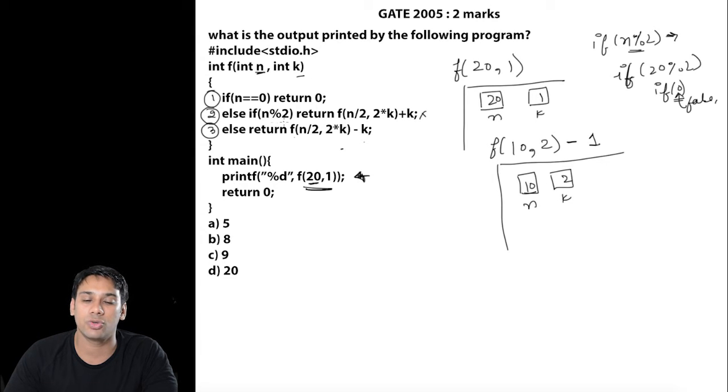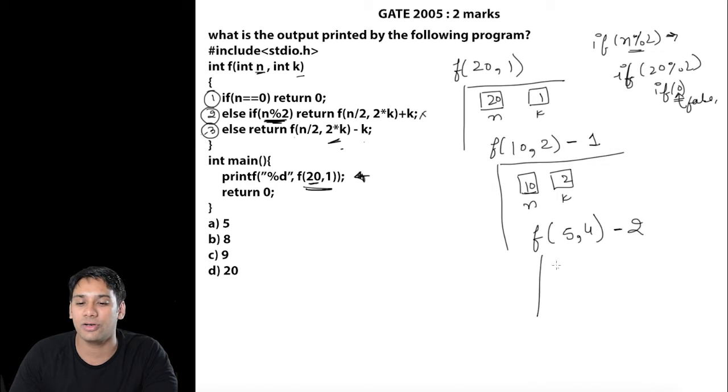Statement number 2 will not be executed because 10 divided by 2 gives remainder 0, so the statement becomes if 0, which means false. Statement number 3 will be executed, and it returns f of 10 by 2, which is 5, comma 2 into 2 is 4, so it returns f of 5 comma 4, minus this 2.